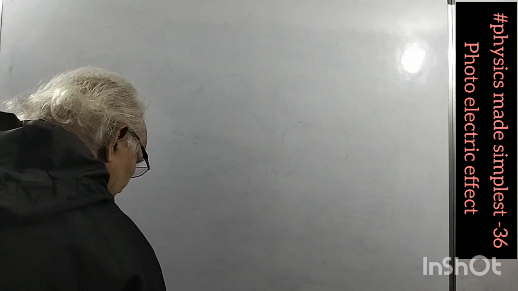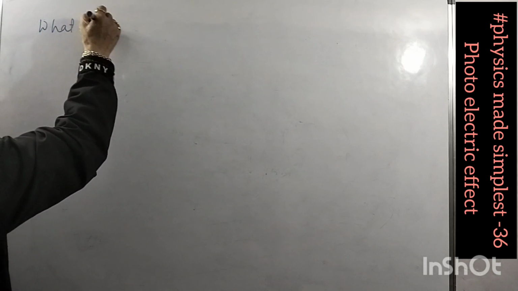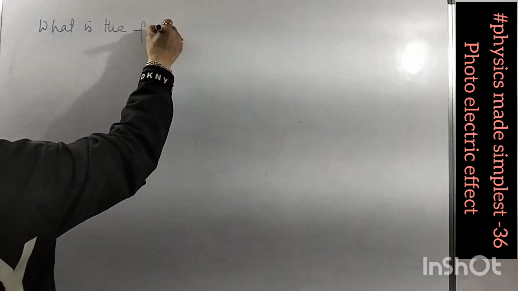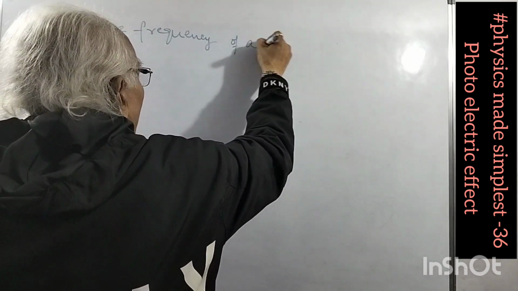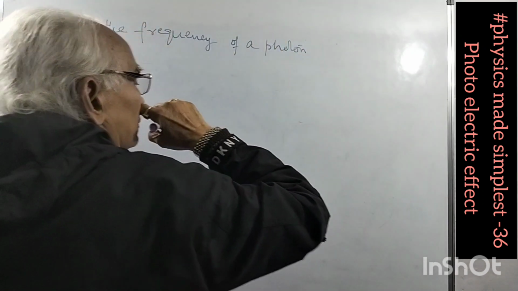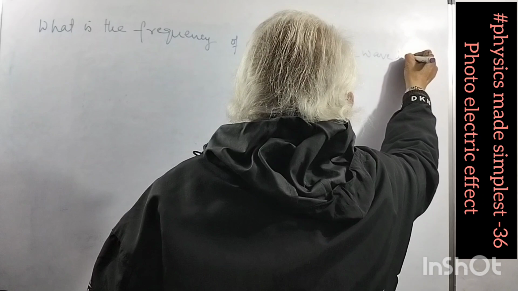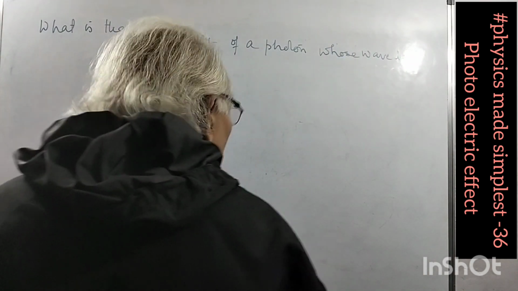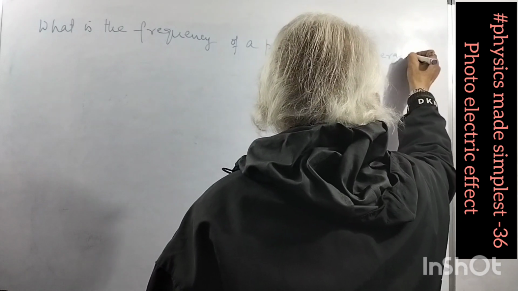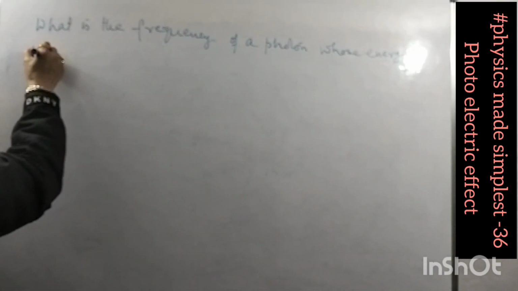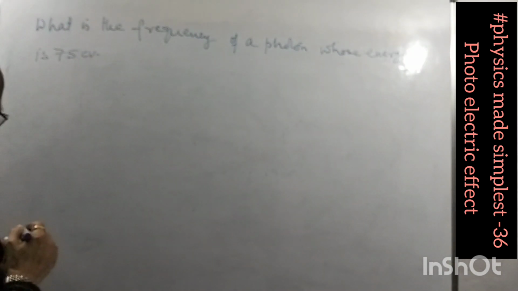Say, what is the frequency of a photon whose energy is 75 electron volt? If this is the energy, what is the frequency?